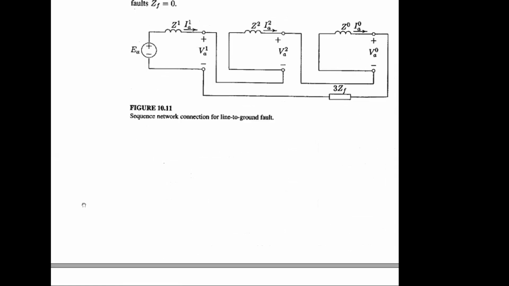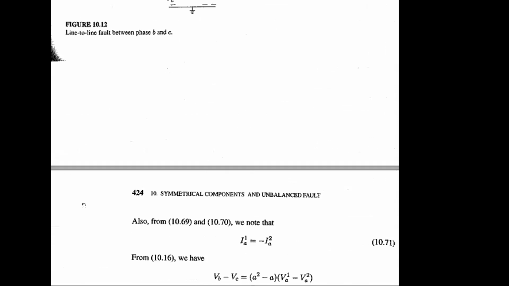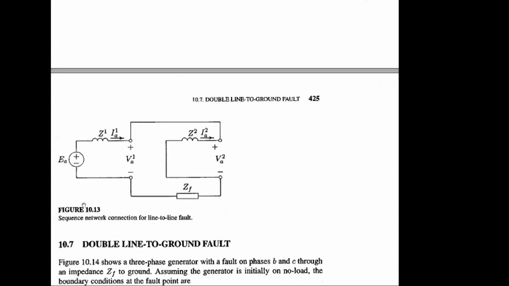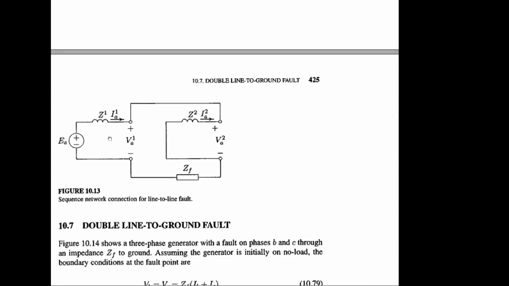Now, if we want to check the other fault, what will be the equivalent circuit response? This is the circuit response of the double line fault. Here you can see this third part is absent, right? Only the positive sequence part and negative sequence part are there for the double line fault scenario.